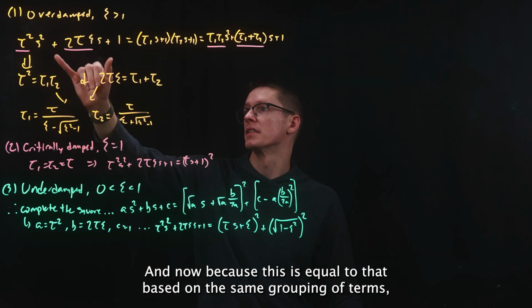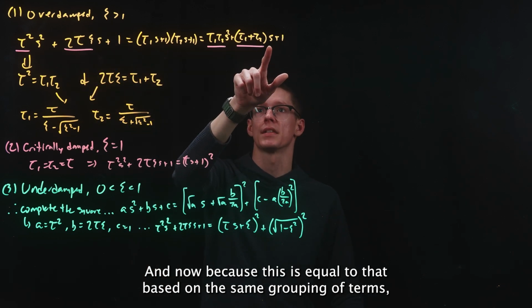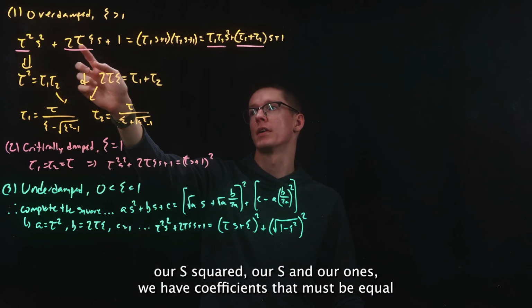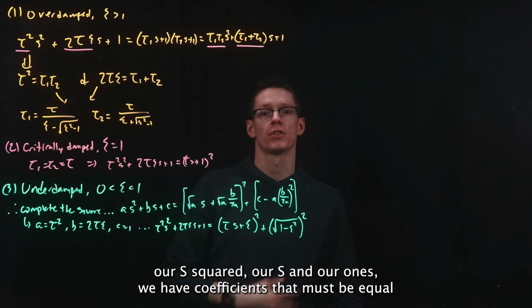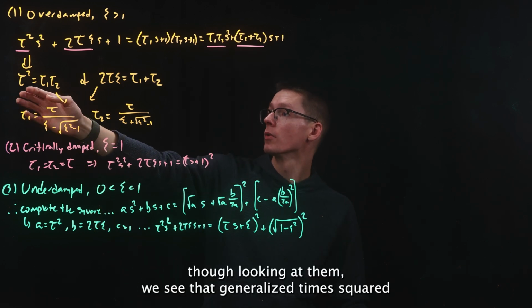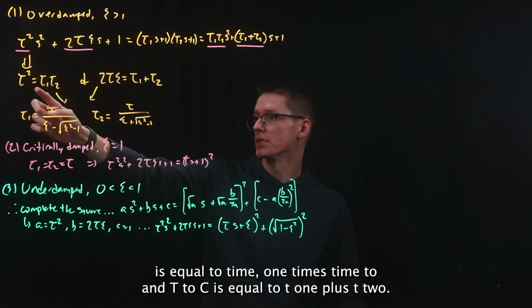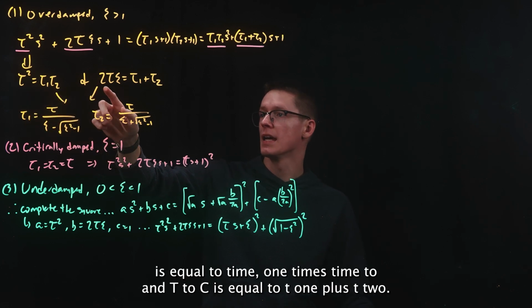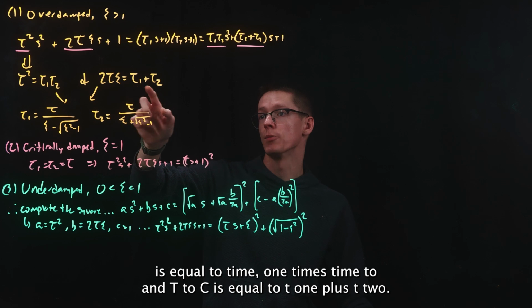And now because this is equal to that, based on the same grouping of terms, our s squared, our s, and our 1s, we have coefficients that must be equal. Looking at them, we see that generalized time squared is equal to time 1 times time 2, and 2 tau C is equal to t1 plus t2.